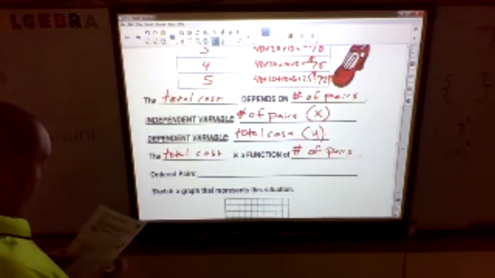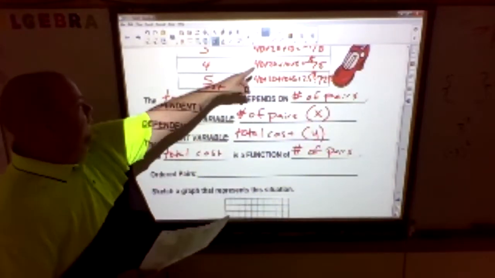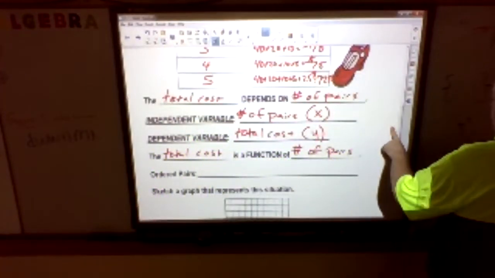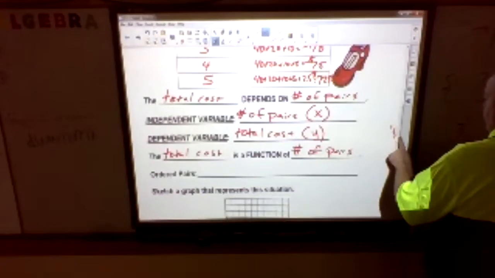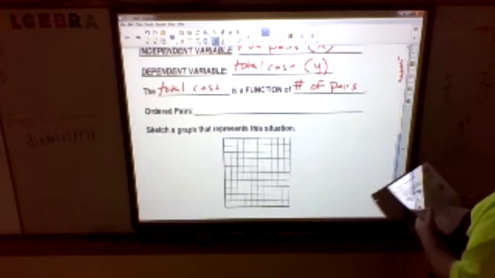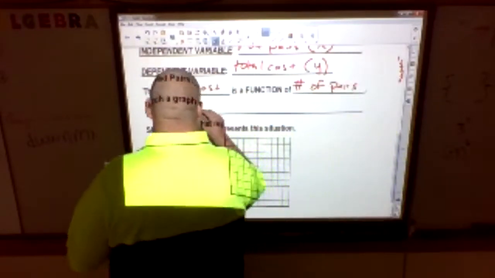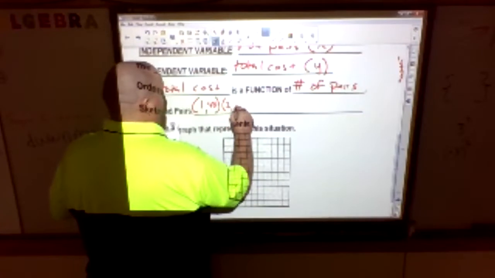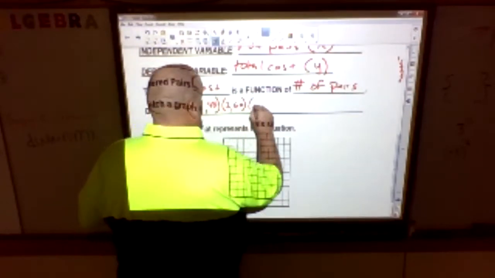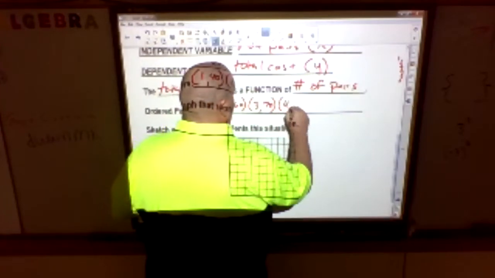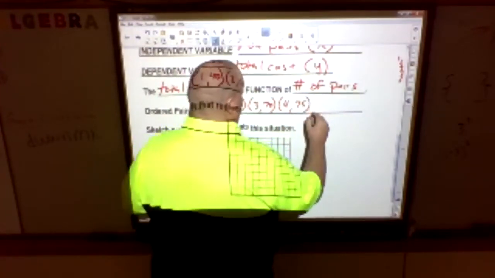Okay, so let's write our ordered pairs now based on the results in this table up here. I'm going to scroll down a little bit. Use your table that you have filled in. Okay, so 1 pair costs $40. 2 pairs cost $60. 3 pairs cost $70. 4 pairs cost $75.